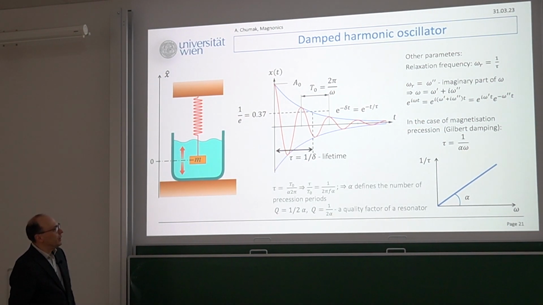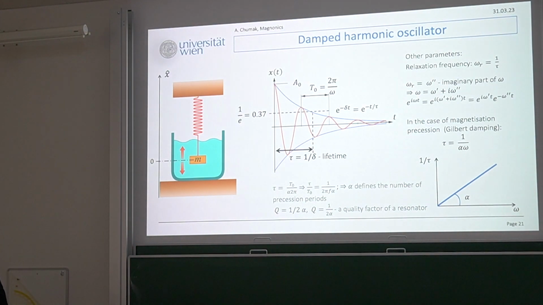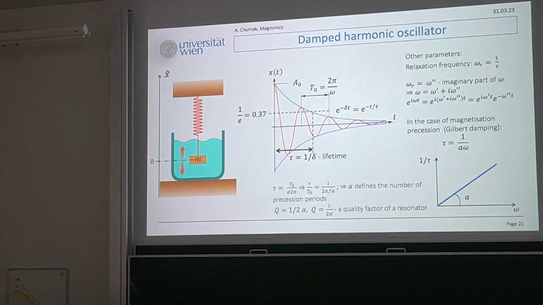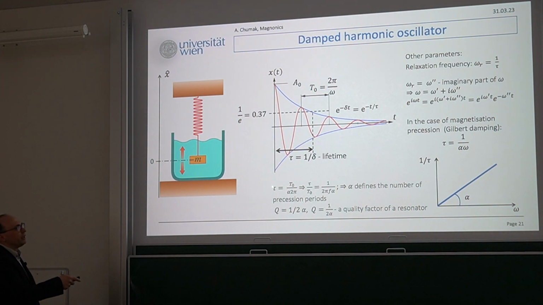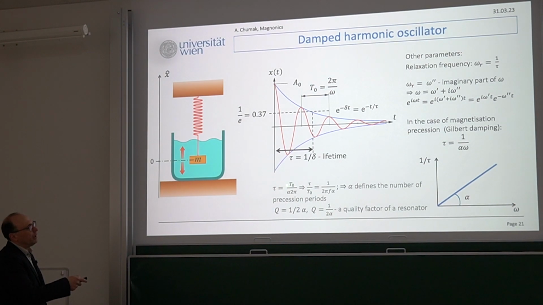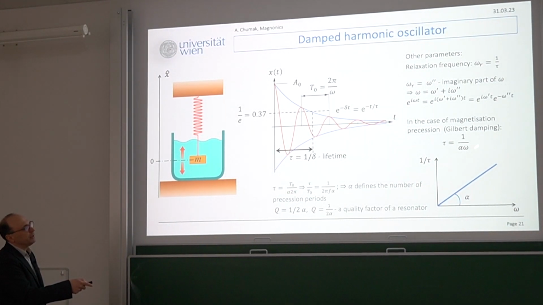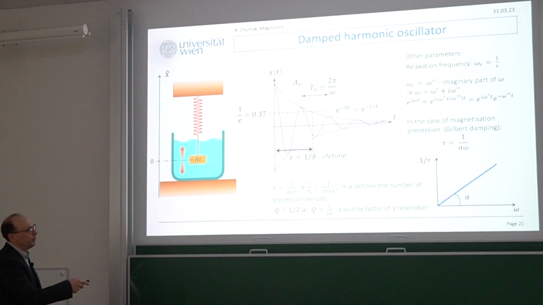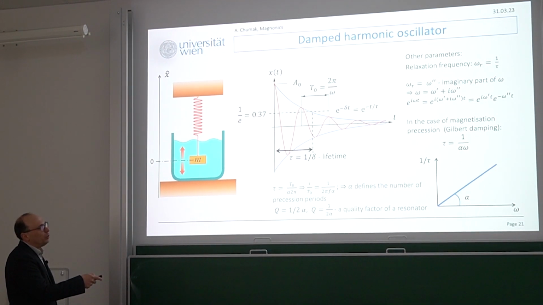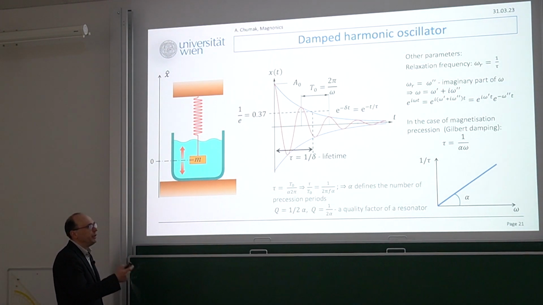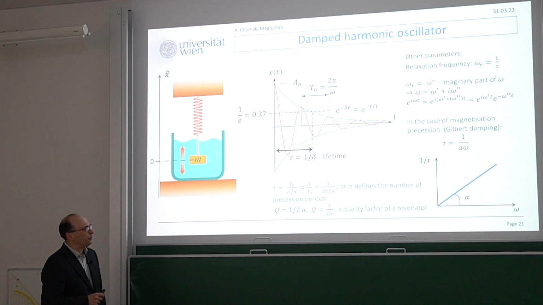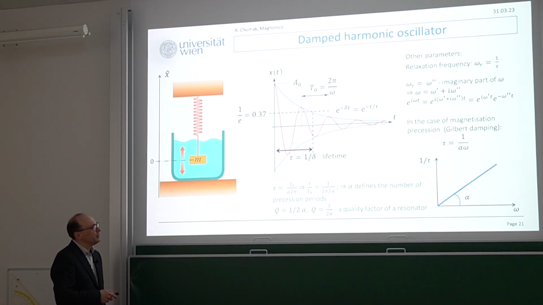And here we can finally explain why I said that inverted alpha gives us the number of periods. So if you take tau as lifetime, it is T0 divided by 2 pi alpha. I just take this omega and replace it with 2 pi over T0 here. Then if I take tau lifetime and normalize it on the duration of one period, on T0, then I will have here 1 over 2 pi alpha. Oops, f is not here, sorry. It's a misprint.